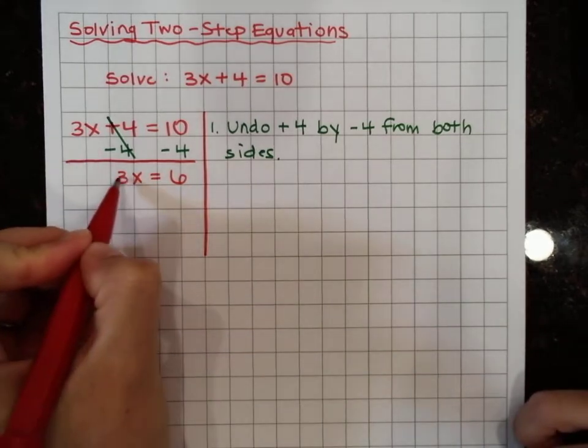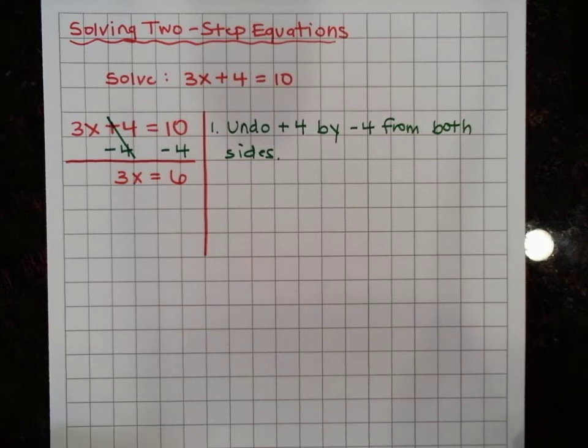Well, now 3 is being multiplied by x, so we need to undo that multiplication. So how do we undo multiplication? The inverse of multiplication is division, so we're going to be dividing.